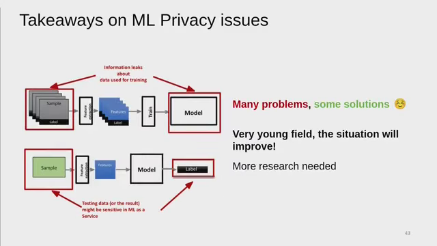Now, as a quick summary, some takeaways on the machine learning privacy issues. Again, many problems, some initial steps. It's a very young field on leaking information. There are still inference attacks, still potential for leakage.